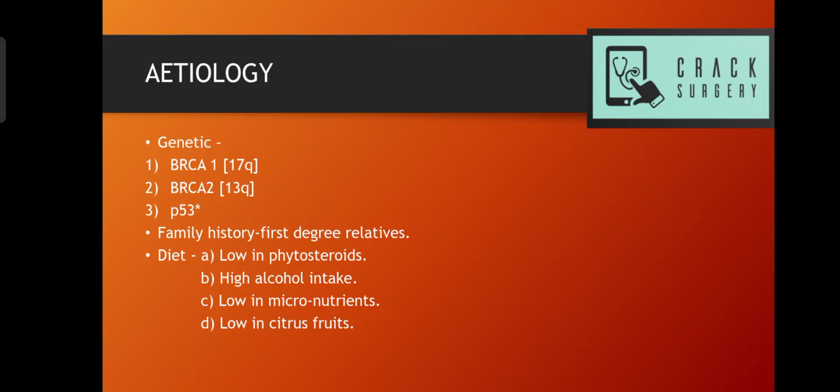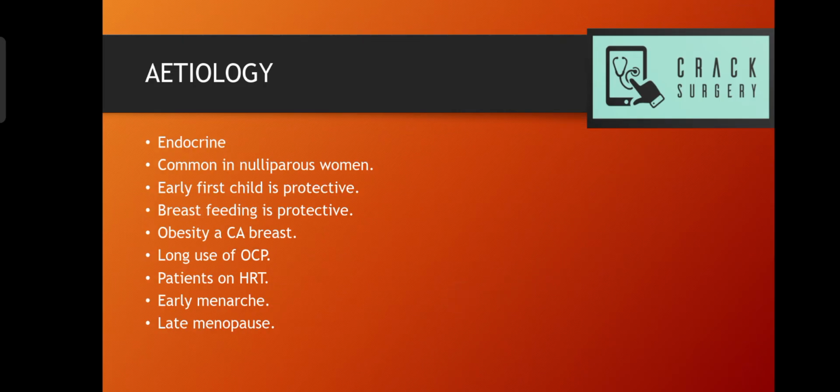Now, family history. First degree relatives are more prone to CA breast. Diet: low in phytosteroids, low in micronutrients, low in citrus fruit, or high intake of alcohol may contribute to the formation of CA breast.